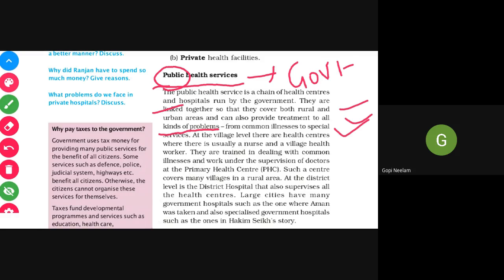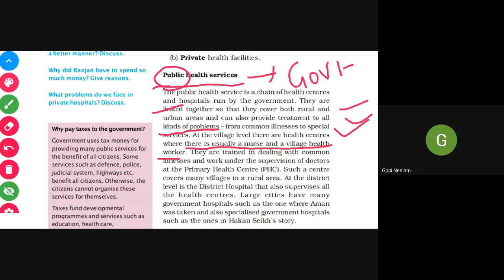Of course, it is a mandal headquarter. But what is the situation there? There is usually a nurse and a village health worker. Every time there should be a nurse and a village health worker available. They are trained in dealing with common illness and work under the supervision of doctors at the primary health center. For every village there should be a nurse and a health worker.